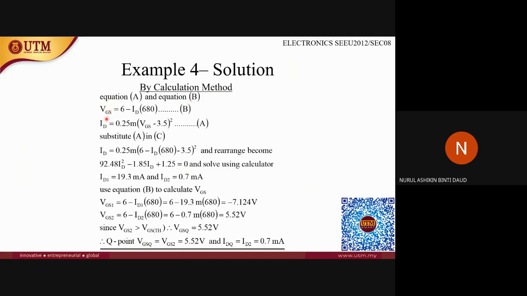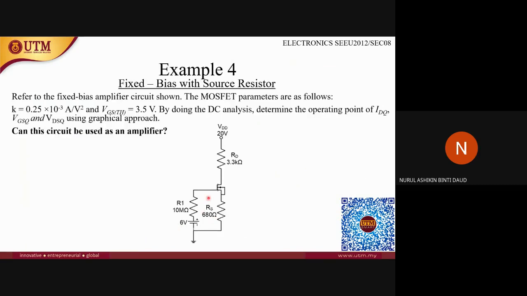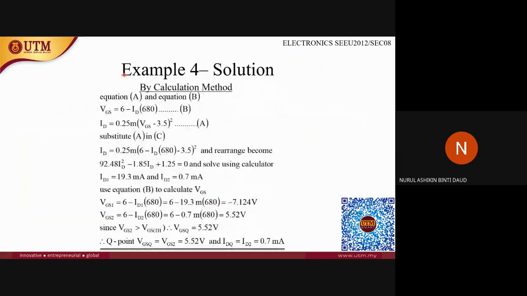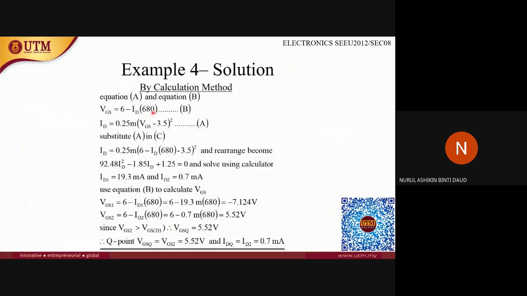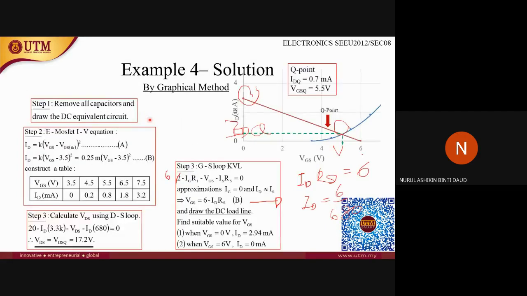First of all, using the Kirchhoff voltage loop, we need to find using this loop. So VGS equals minus 6, which is 6 here, and then IDR1 here, which is 680 here.